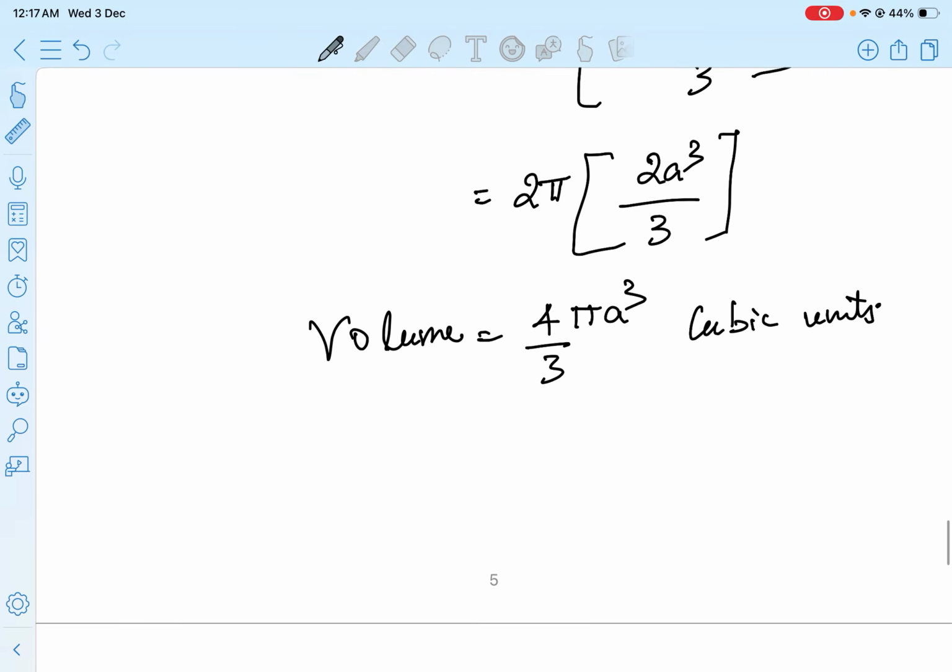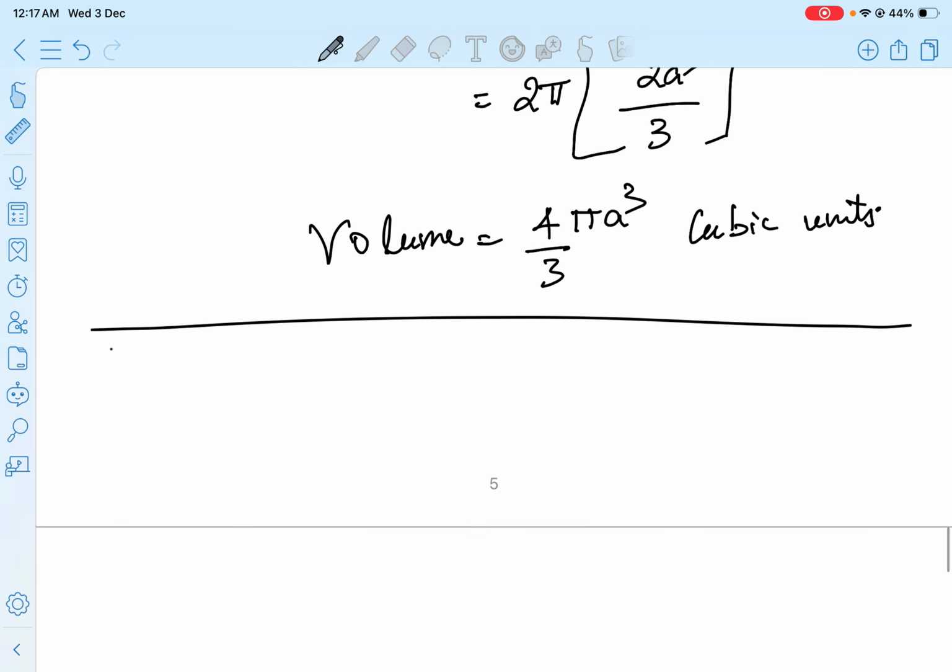Okay, so this problem is also over, and we have one more problem, and also one important thing for this problem: we have one more question. For both the questions the answer is going to be the same.